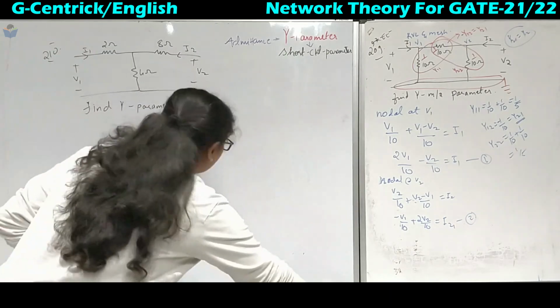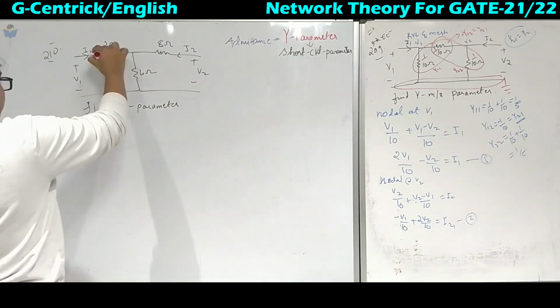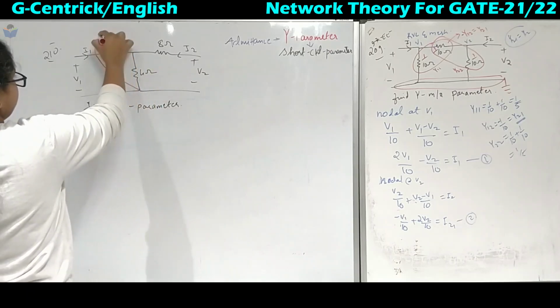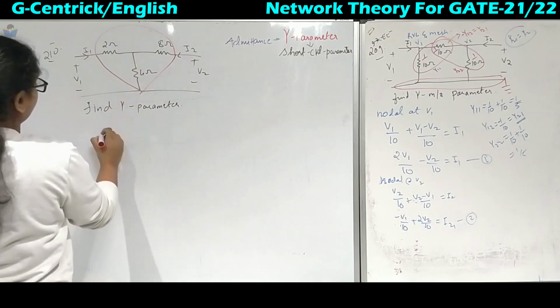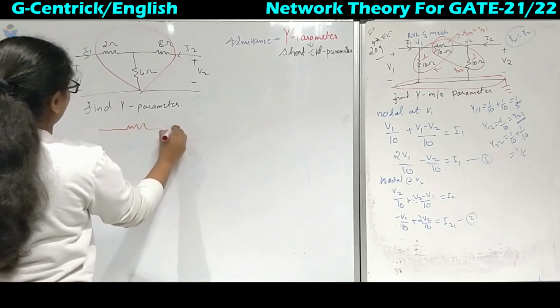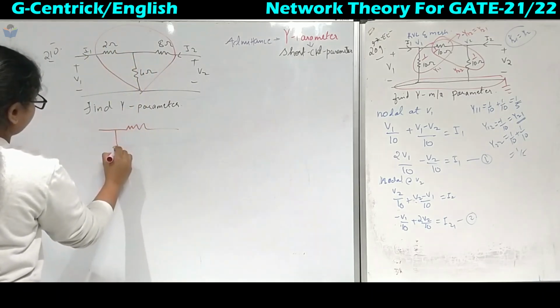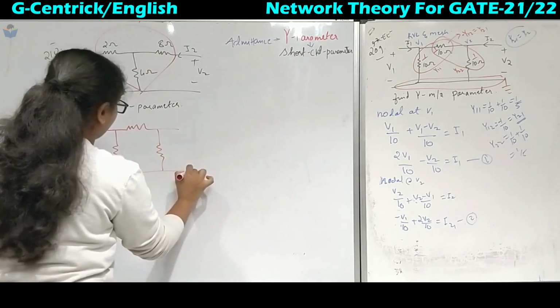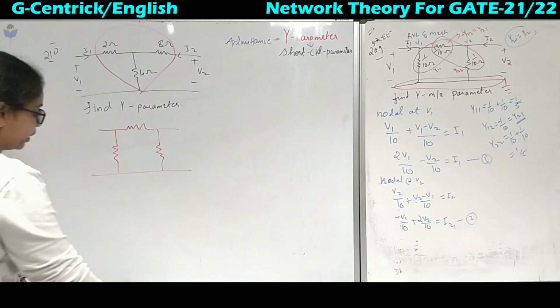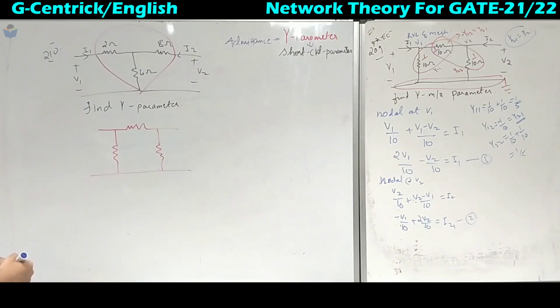I'll take the red marker. If I do like this, this is one parameter I'll get, and with this line I'll get one, and here I'll get one more. Now how do I convert this from star to delta?